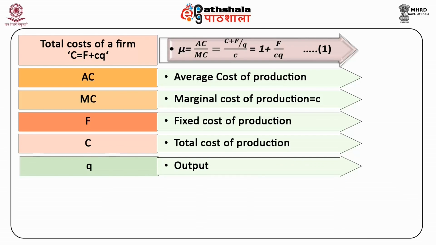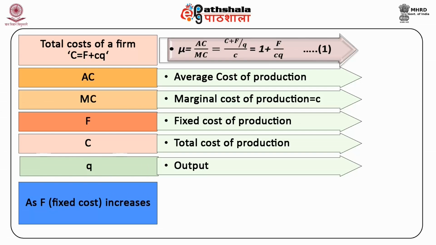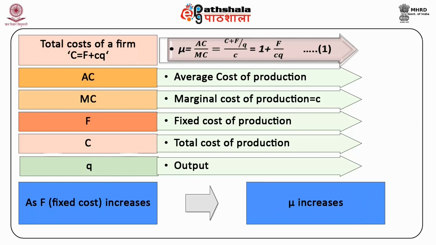Thus, equation 1 says that as capital F, which is fixed cost, increases, mu also increases. That is to say, an increase in fixed costs leads to a greater degree of scale economies of the industry.